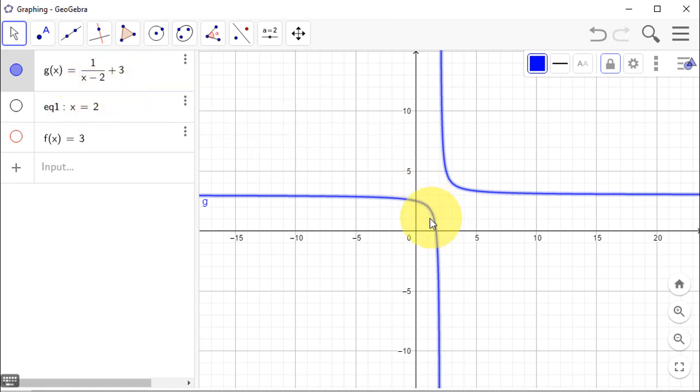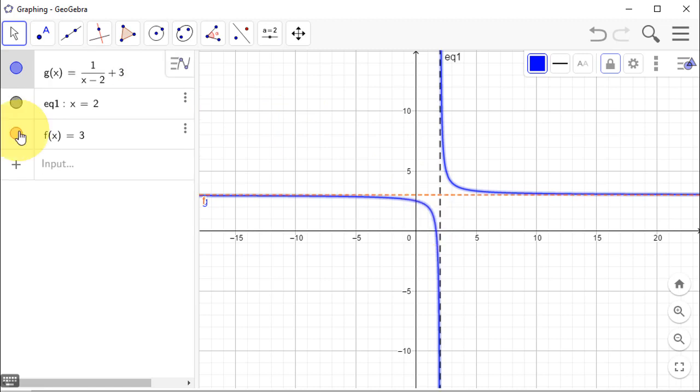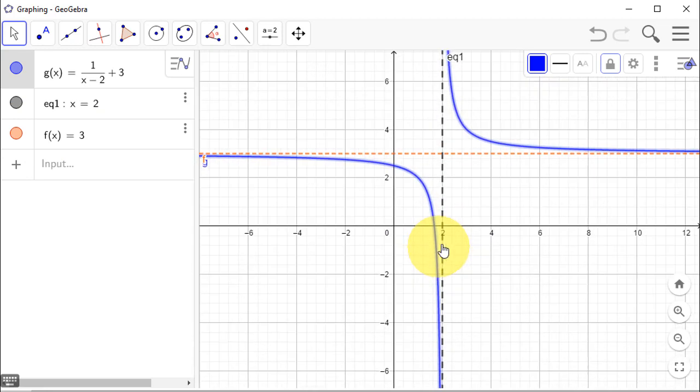It's important to understand where my asymptotes are going to be. I'm going to have my vertical asymptote at x equals positive 2 and my horizontal asymptote at y equals positive 3.